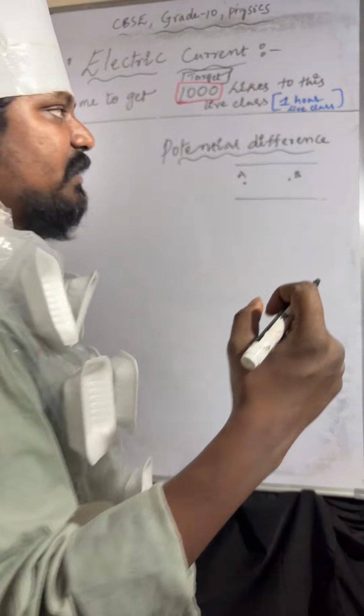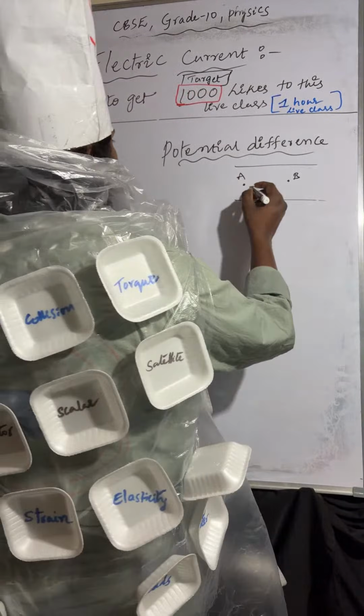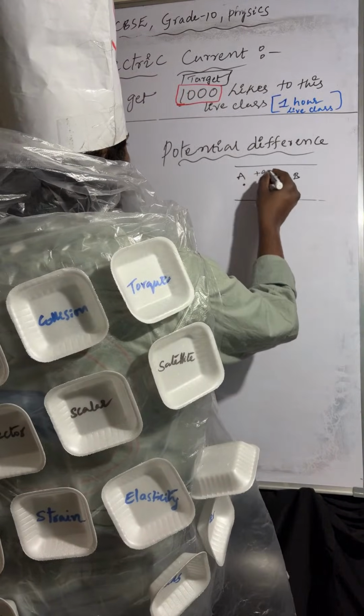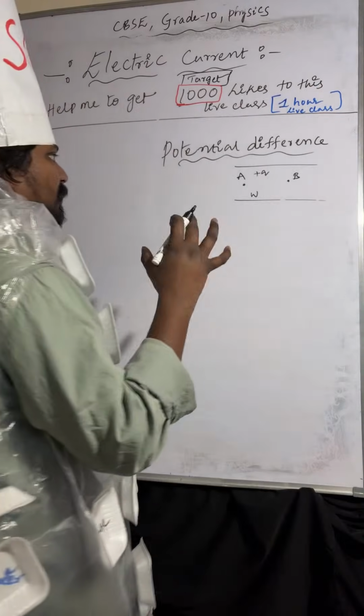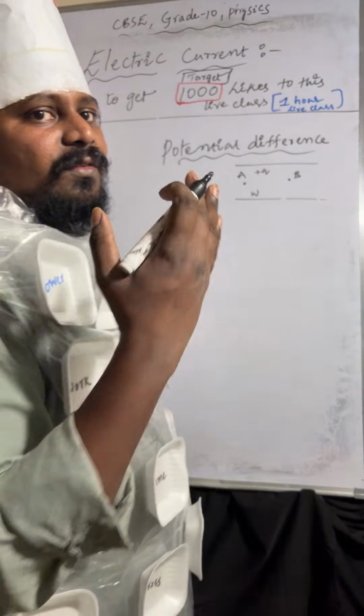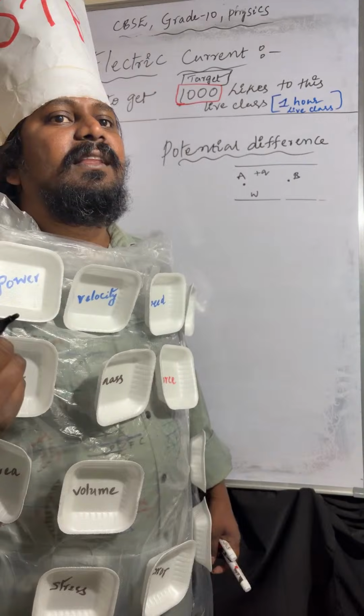Right, coming to the potential difference. Potential difference is the work done to bring a unit positive charge from one point to another point within the conductor.